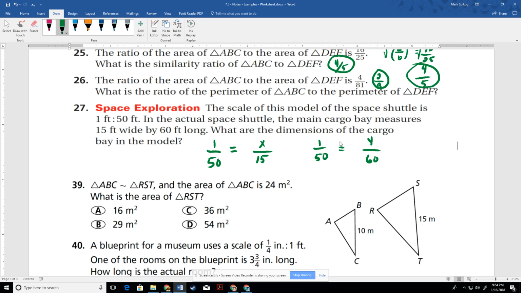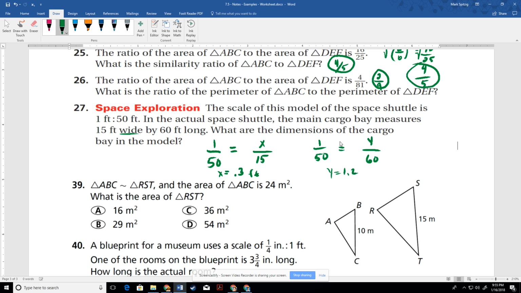So when we divide this out, it's basically going to be 15 divided by 50, which is just 0.3, right? 3/10 is fine, or 0.3. So it's going to be 0.3 feet, which is what our width is going to be. And then our length is just going to be 60/50, which is just 1.2. So we get y is 1.2.